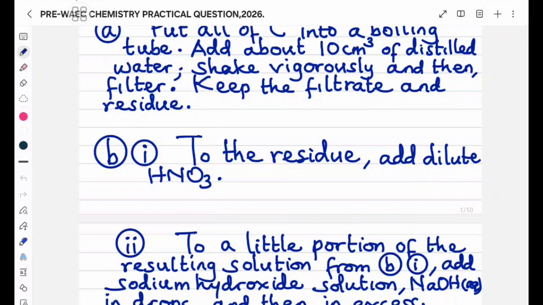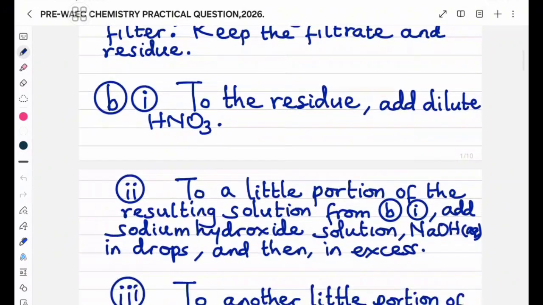Now lead carbonate is a white solid, and starch is also a white solid, and we are to test if they are soluble in water or not. Now after adding water, you filter the mixture, you keep the residue and the filtrate. Now we are to start a test on the residue.